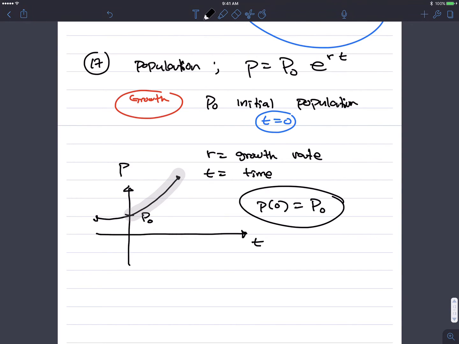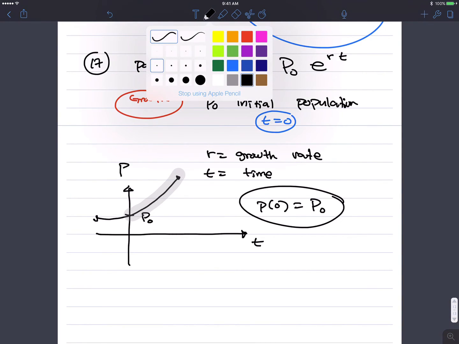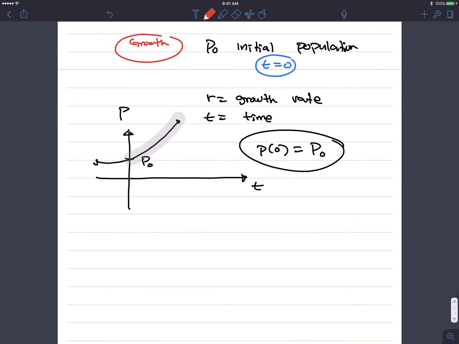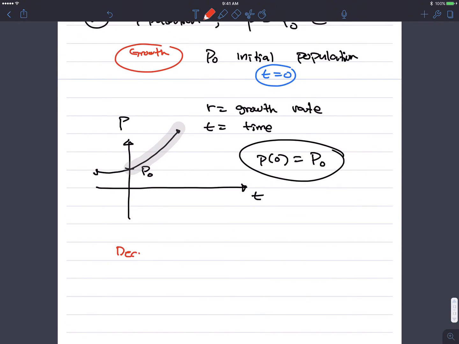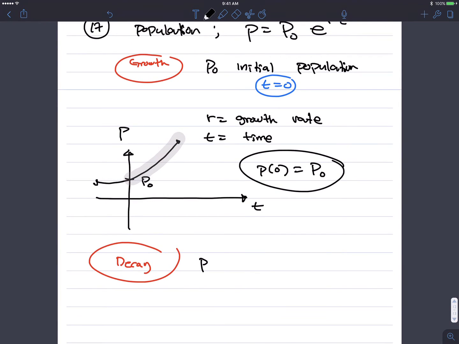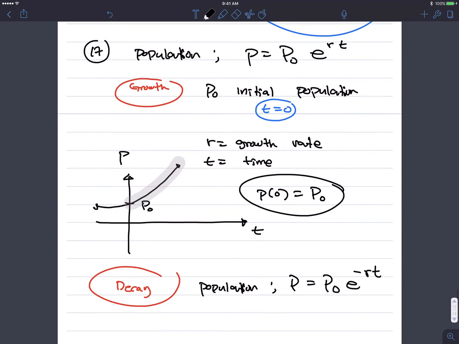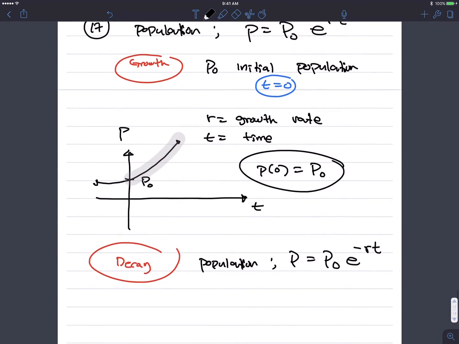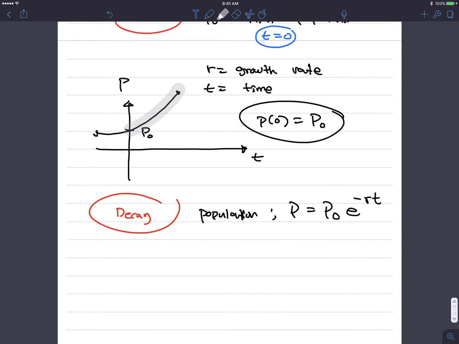That's growth. Now let's talk about the other thing, which is decay. So for decay, you can have a population decay. Again, this is going to decay. P is P naught e to the minus RT. And again, a lot of books change that R to a K when it's population.